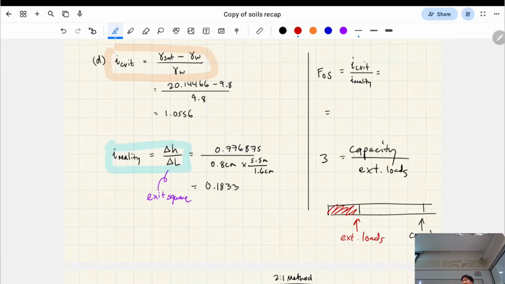The reason this is presented like this is because soil is incredibly unpredictable. So you're going to deal with factors of safety in the ballpark of 1.5 minimum, all the way up to 5 and higher. When we're dealing with hydraulic gradients, we're dealing with a factor of 5.